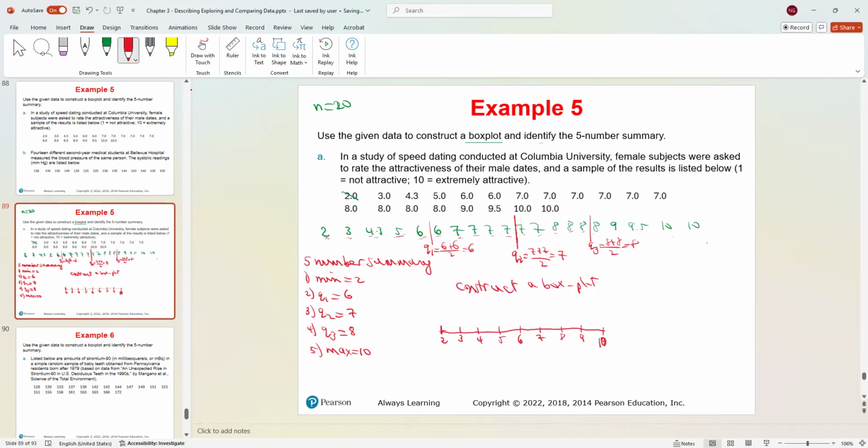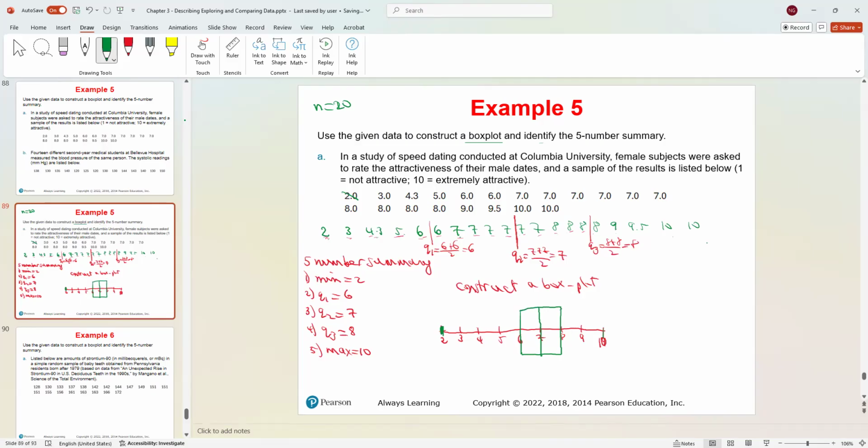Okay. Now, my minimum is 2. So don't forget, because I have my minimum 2, I'm going to mark my minimum. What is my Q1? Q1 is 6. I put a vertical line on Q1, a vertical line on Q2, and a vertical line on Q3, and I connect these three.